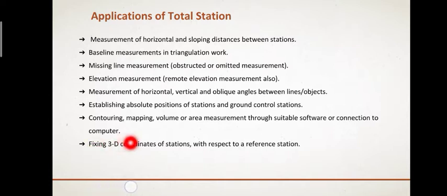Fixing 3D coordinates of a station with respect to a reference station point. As I said, we'll get the reference from the reference station point. You'll get the x, y and z coordinates, that is 3D coordinates, three direction coordinates.